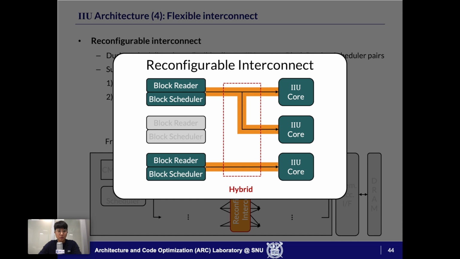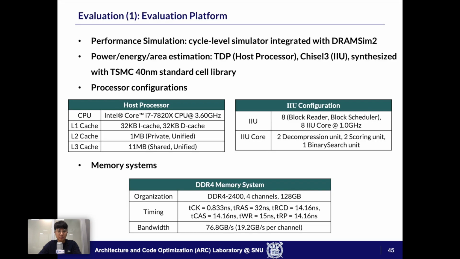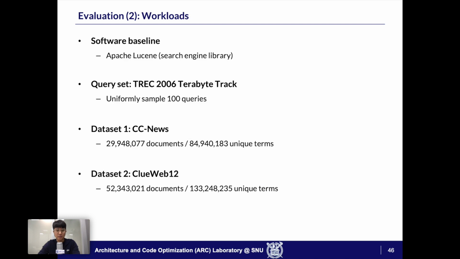We now move on to the evaluation. We use a cycle-accurate simulator integrated with DRAMSim2 for 2U performance simulation. For power, energy, and area estimation, we designed 2U with Chisel 3 and synthesized it with TSMC 40 nanometer standard cell library.